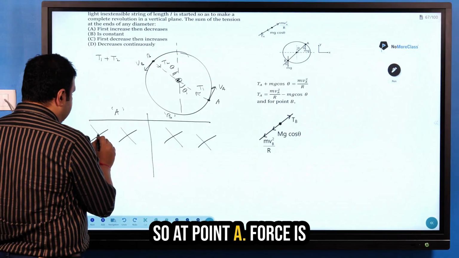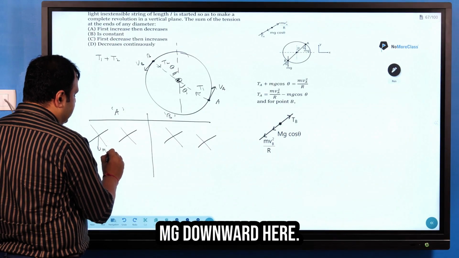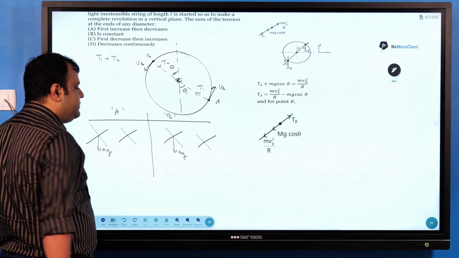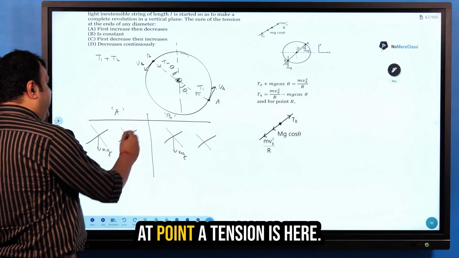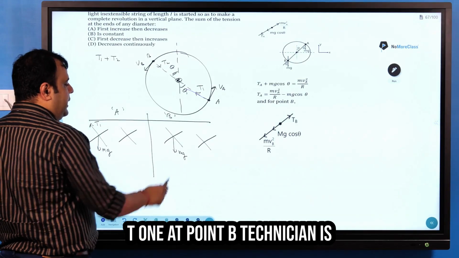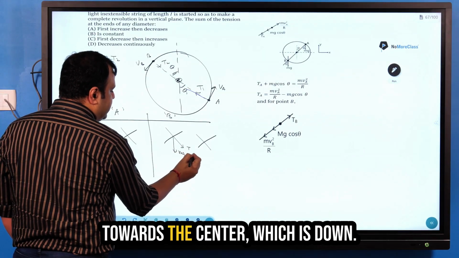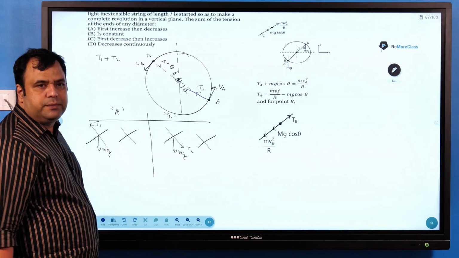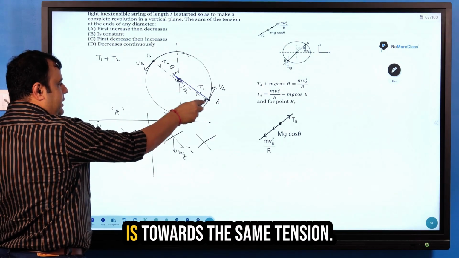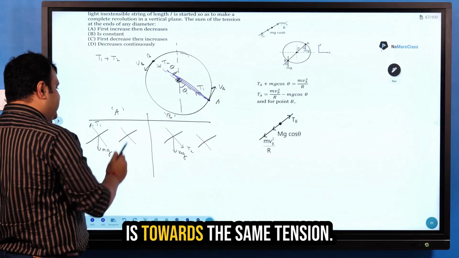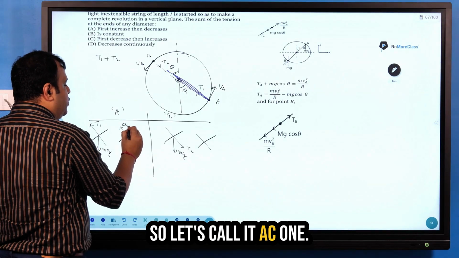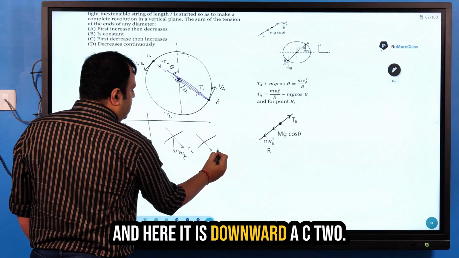At point A, the force is mg downward. Here also at point B, force mg is downward only. At point A, tension is T1. At point B, tension is towards the center, which is down. Now in case of A, the center is towards the same tension, so we need the acceleration AC towards that point. Let's call it AC1. And here it is downward, AC.